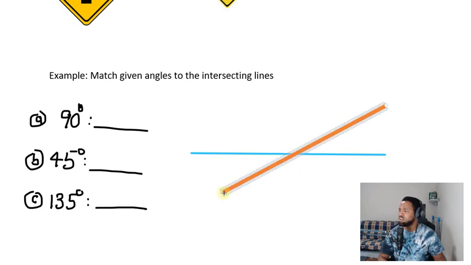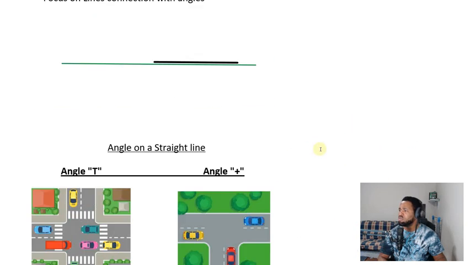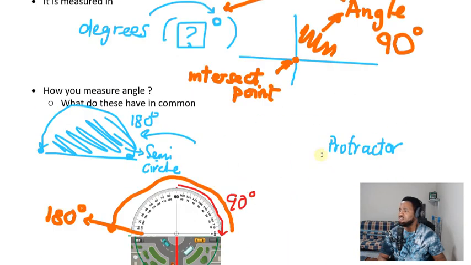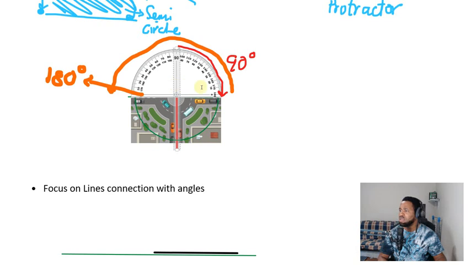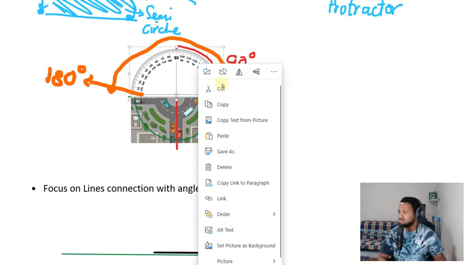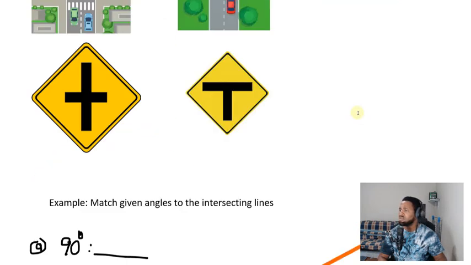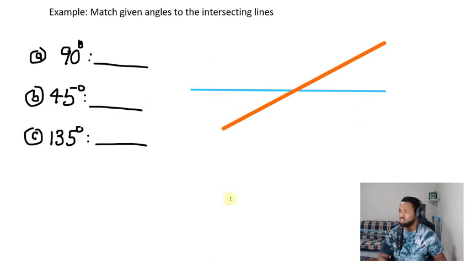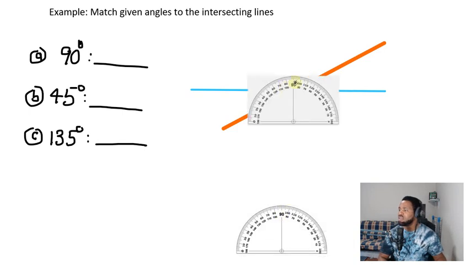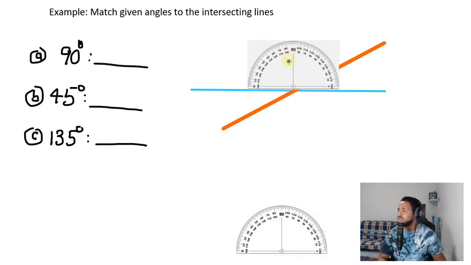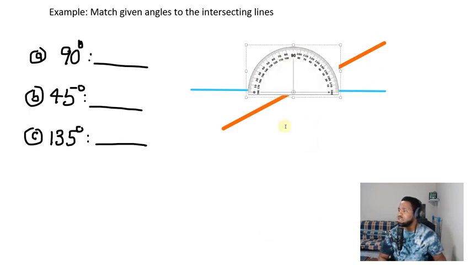And if you look at the specific angle measurement, if I drag my protractor, let's copy this and bring it right over here to use as my measuring tool, what we see is that to create 90 degrees, you can predict that I have to move this orange line all the way to form a vertical line.